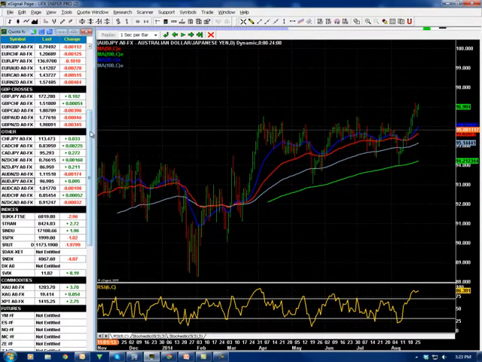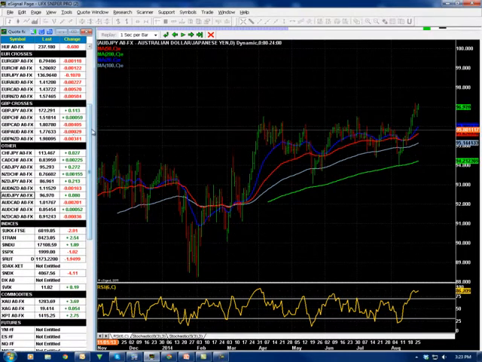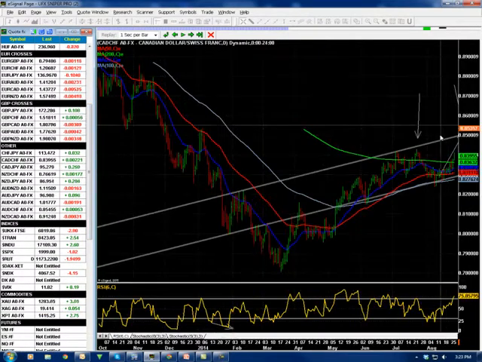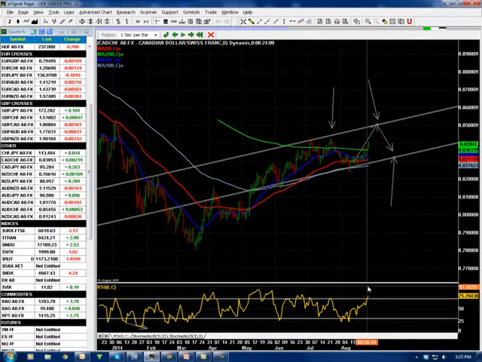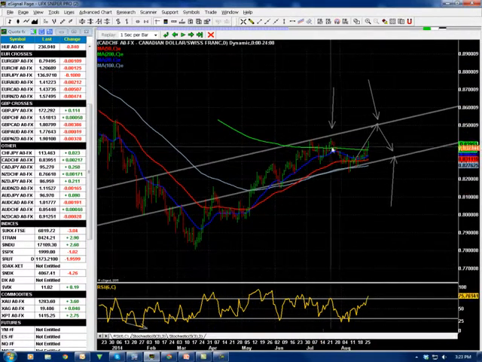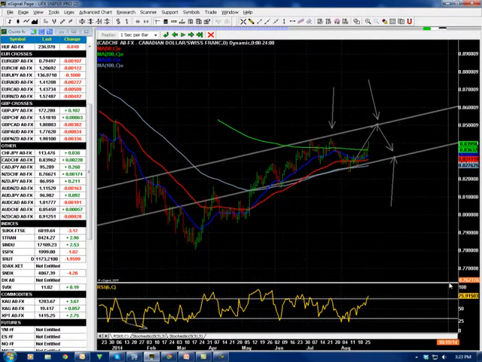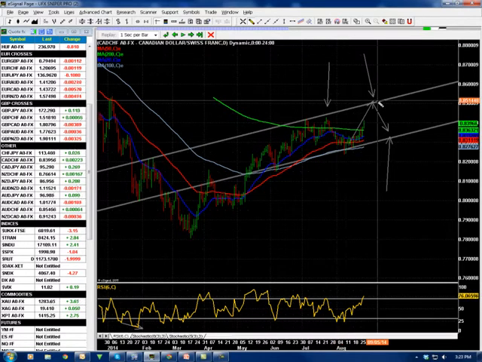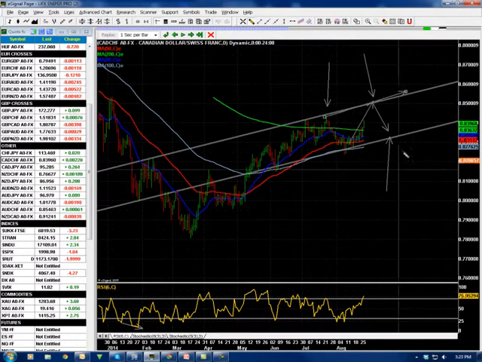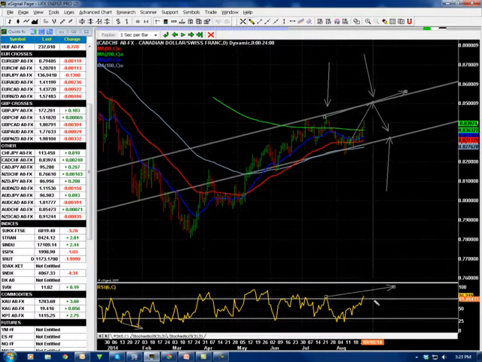Now, something that I'm looking at. Sorry, just go back. I'd like to see whether it's giving some convergence or divergence. Okay, right. For this to give convergence, this will have to go up to there, so that you get higher highs here on the CADCHF, and this will have to go up to there as well.